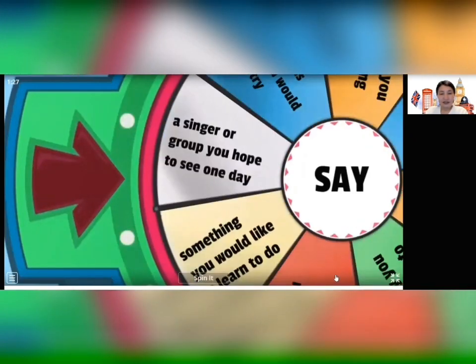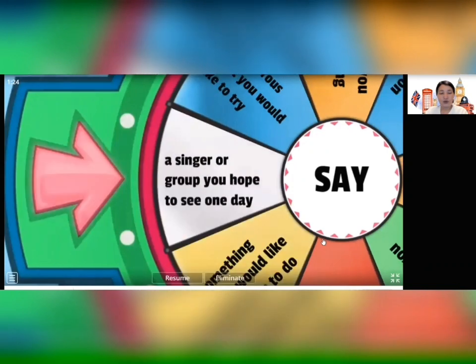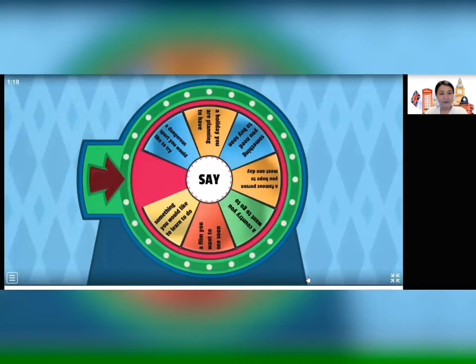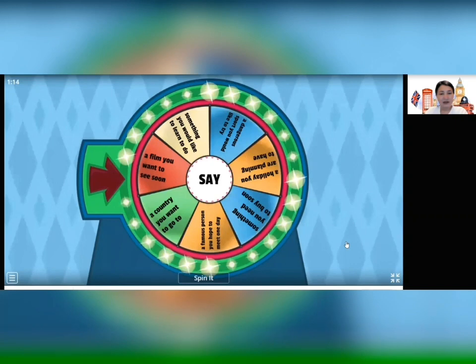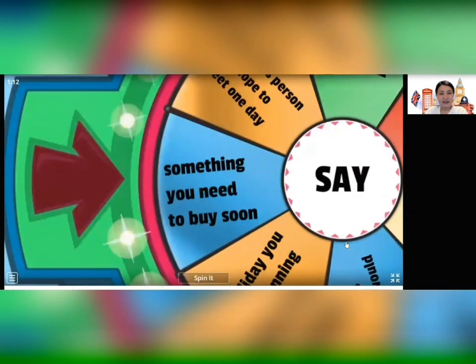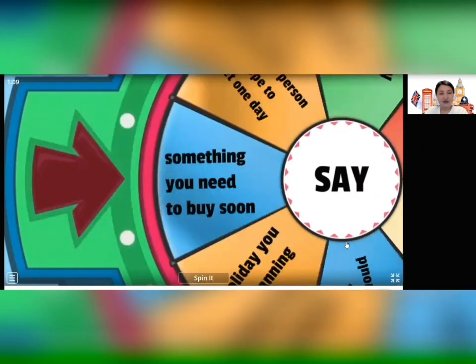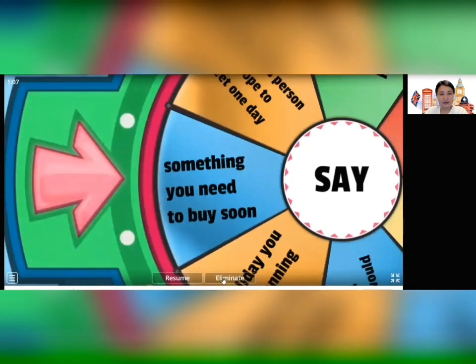Say a singer or group you hope to see one day. Say something you need to buy soon. For example, I need to buy a mobile soon, maybe.